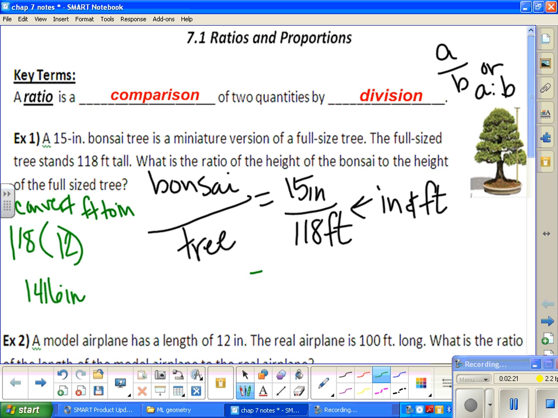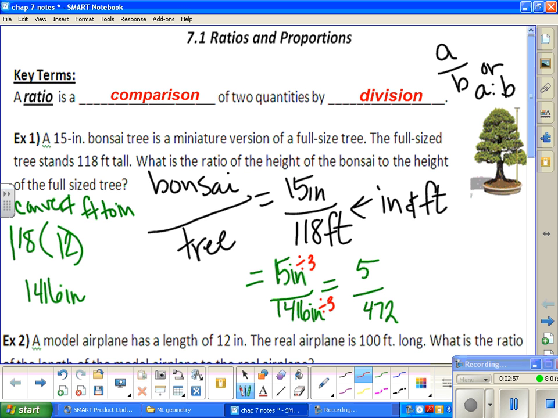Now I'm going to rewrite it as 15 inches over 1,416 inches. And then we want to reduce that. Both of them can be divided by 3. And so you end up with 5 over 472, because you can divide both of them by 3.